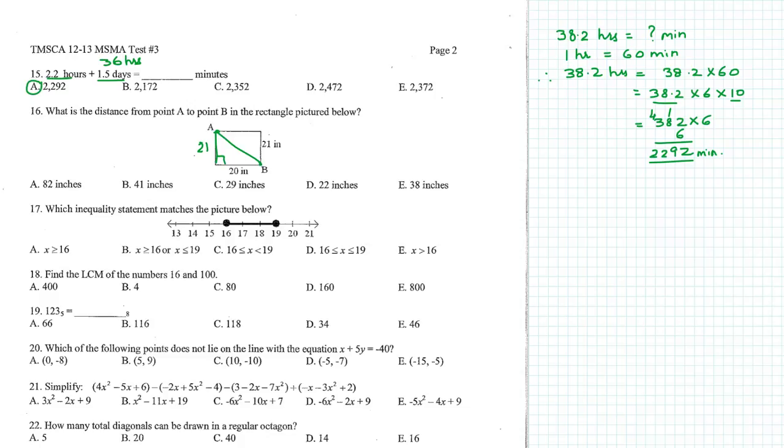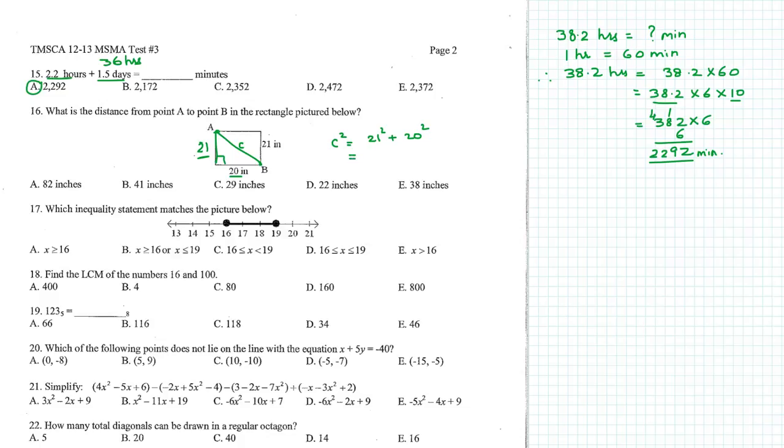So let's call this side small c. So we know from Pythagorean theorem that leg 1 square, which is over here, plus leg 2 square is equal to c square. So I'll write c square is equal to 21 square plus 20 square.